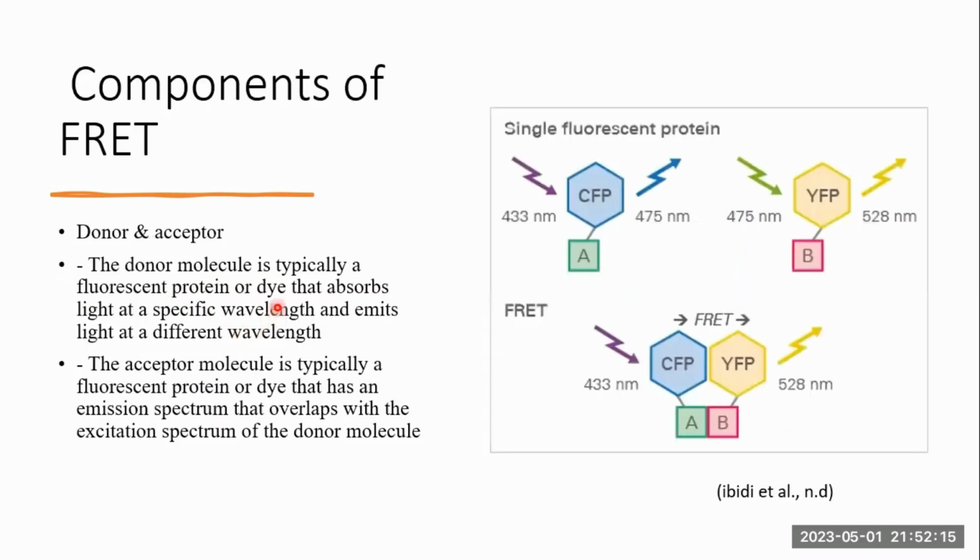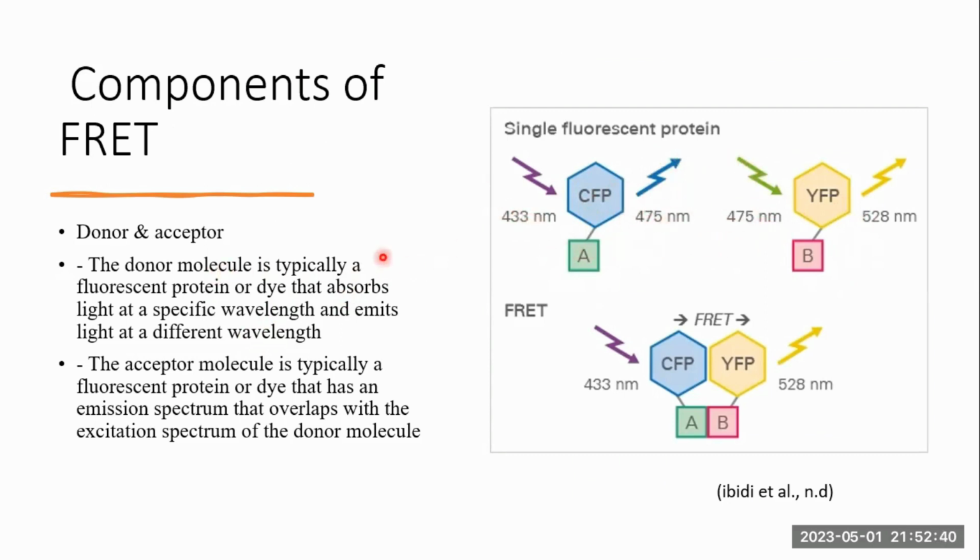So what are the components at play here? Well, like we already explained, there are 2 molecules, the A molecule and the B molecule. Here we see 2 very common fluorescent proteins, the cyan fluorescent protein and the yellow fluorescent protein. And this is exactly the thing we were previously discussing, the overlap.